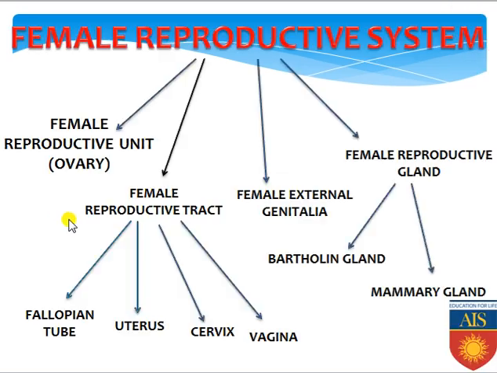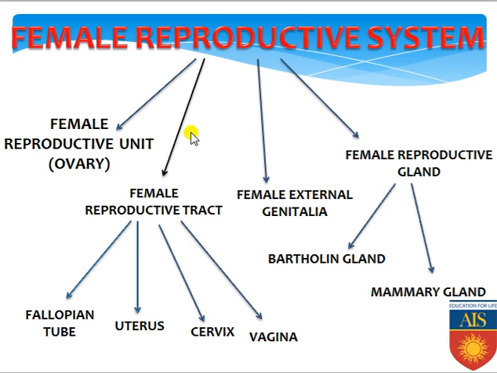First, in the female reproductive system we need to know the portions that are present within it. First of all, the female reproductive system is composed of the following parts: the female reproductive unit, that is the ovary. Second, the female reproductive tract, which is composed of many parts such as the fallopian tube, uterus, cervix and vagina.